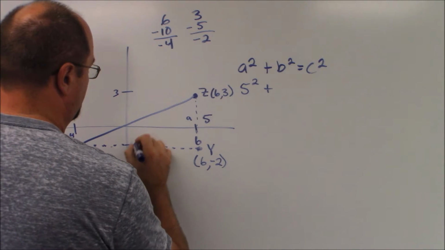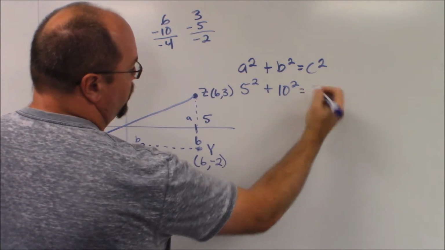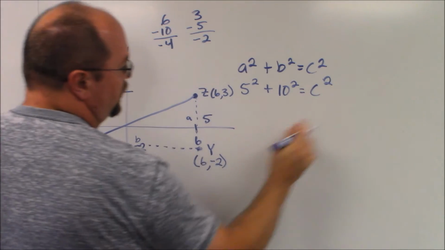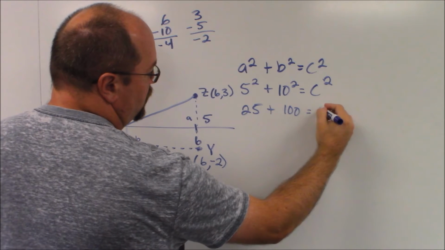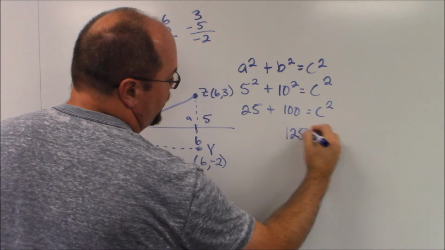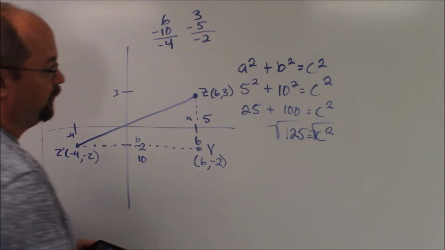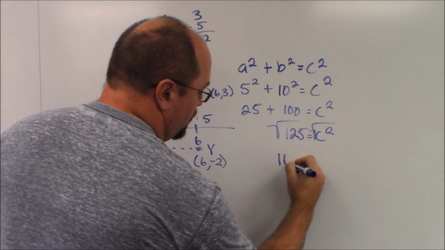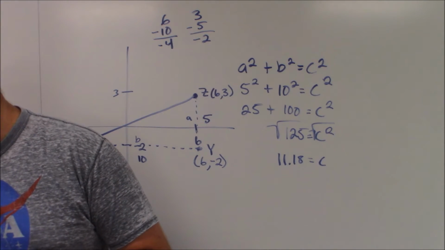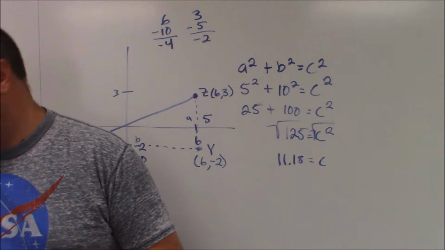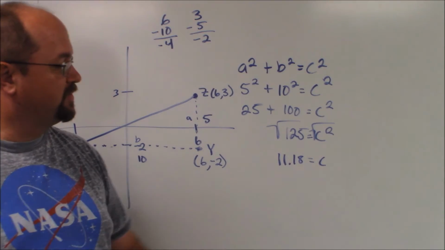So that's my B value. So B is 10. All right, and then it's just a matter of 5 squared is 25, 10 squared is 100. So we get 125 equals c squared. Find the square root, and we get 11.18. And so answer choice A, 11, is closest to this value right here.